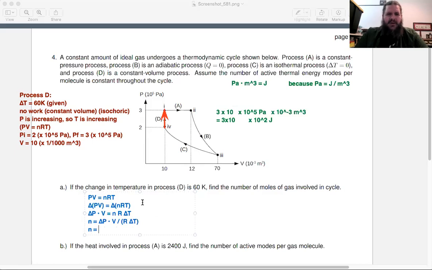Delta pressure, how much is the pressure changing? It changes from 2 to 3, so it changes 1 times 10 to the 5 pascals. Yeah, so we've got our plus 1. And yes, it does have a times 10 to the 5th pascals. But we can ignore that because we already know that 10 to the 5th pascals and 10 to the negative 3 cubic meters will just multiply to 10 squared joules.